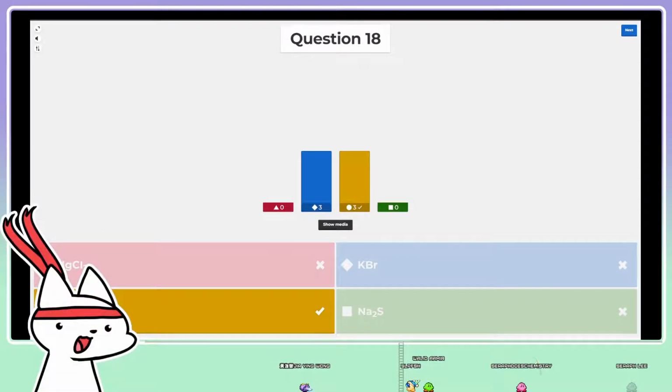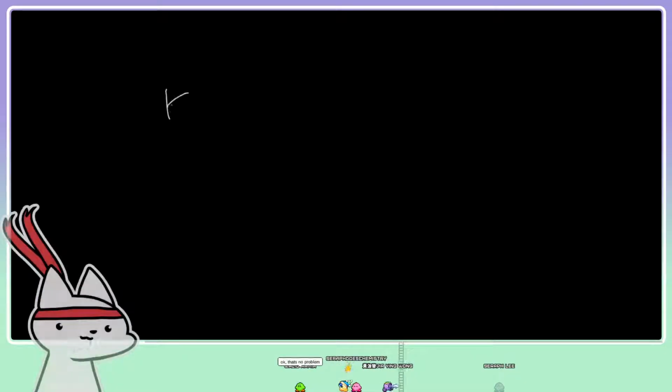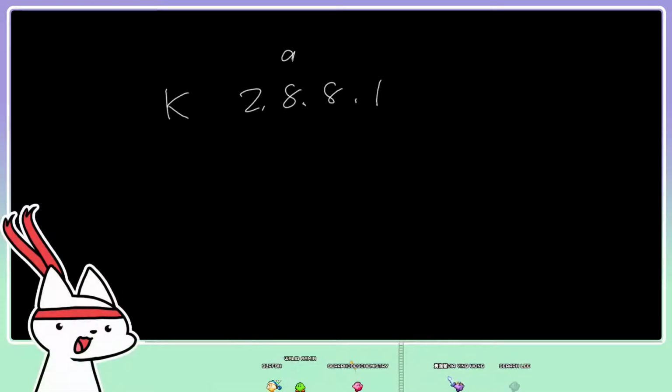Nice. Okay, so in this case, it's the same thing: use pen and paper, use the periodic table, and then we literally figure it out. So the contention seems to be in blue. Potassium is 2, 8, 8, 1, that's the atom.